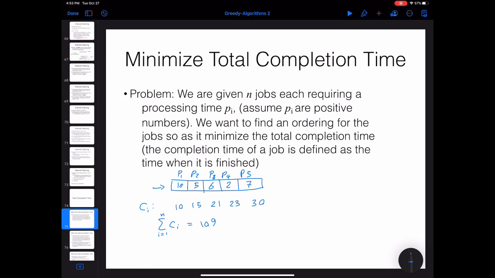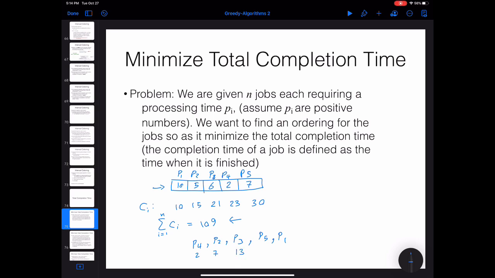But you can see that I can find another ordering. This is not the optimal. I'm going to minimize this, but it is not optimal. If I order these jobs, if I first do P4, then P2, then P3, P5, and then P1, the completion times are going to be 2, then 7, then 13, right?